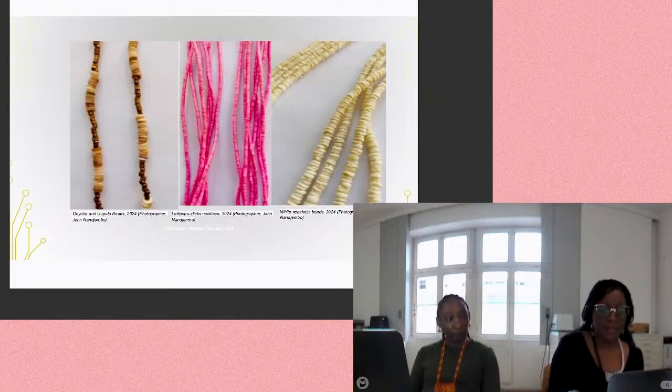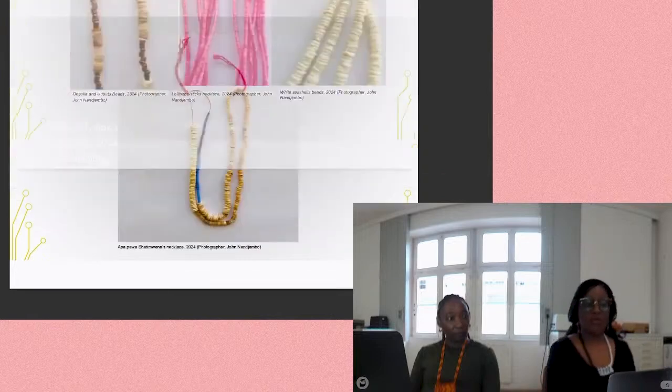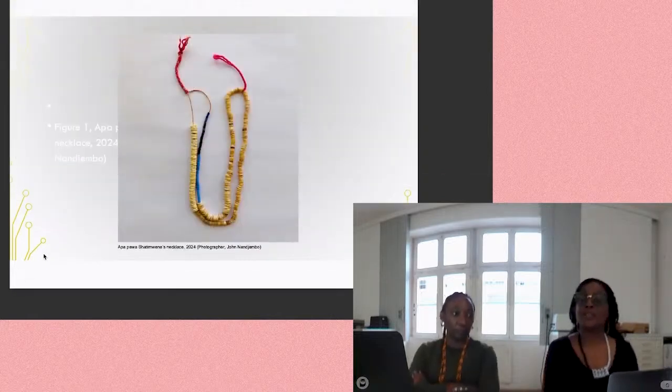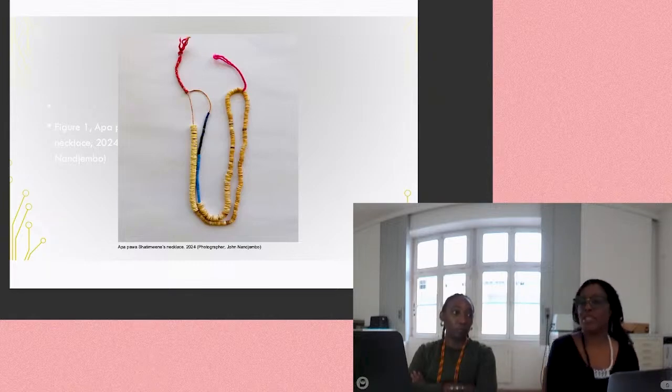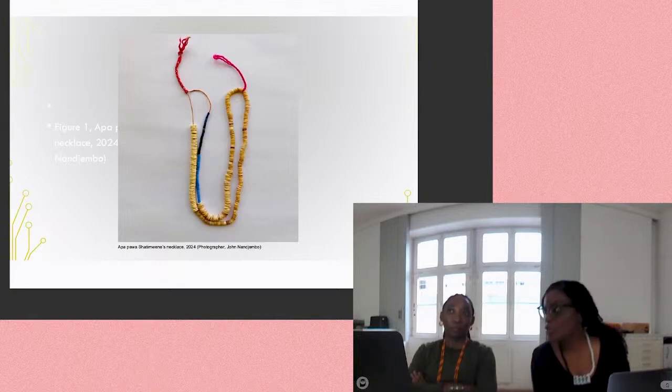Okay, and then I just want to end off with an example of a necklace that a student of mine was explaining. It's also made from onyoka, and she got this necklace when she was 3 years old.